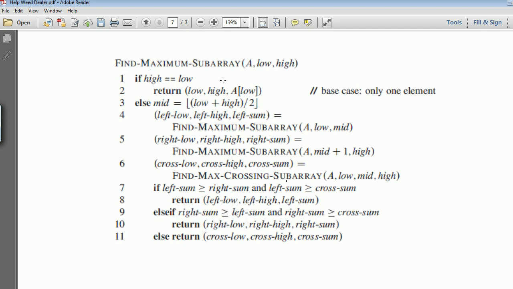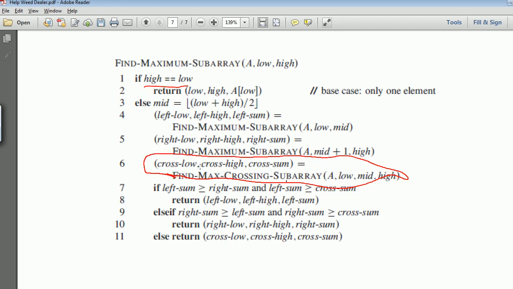if high is less than or equal to low, that would be the base case, which means that we have only one element, and we just return high, low, and a of low. So this part is done, right?